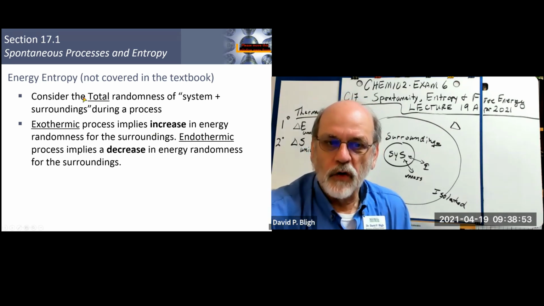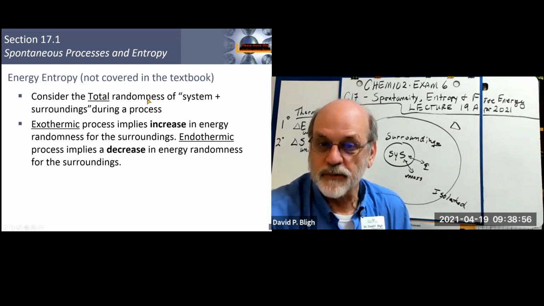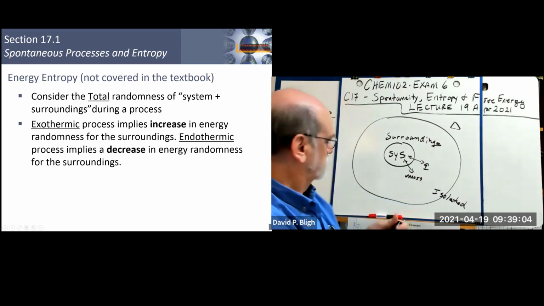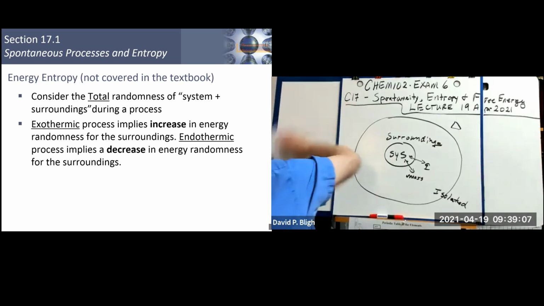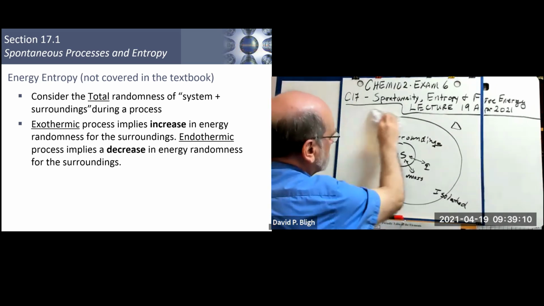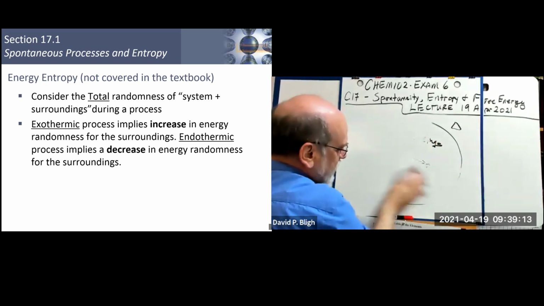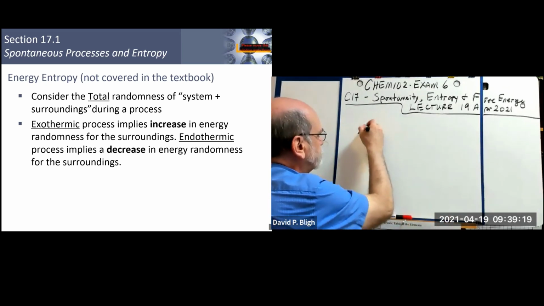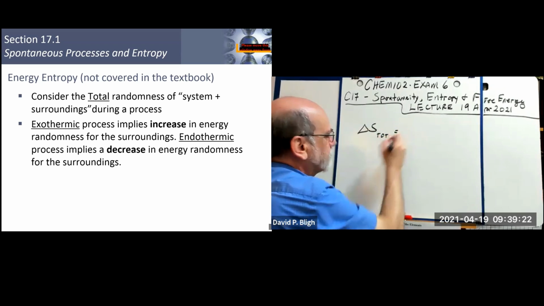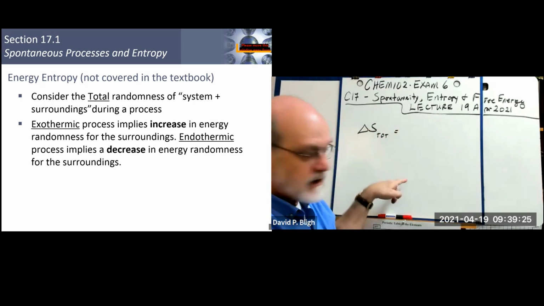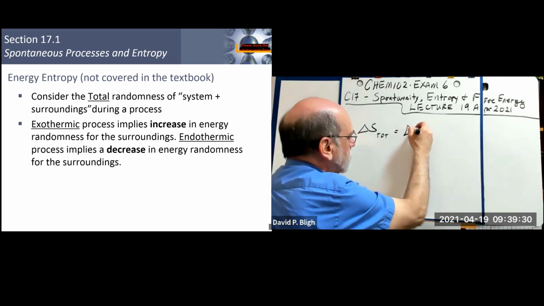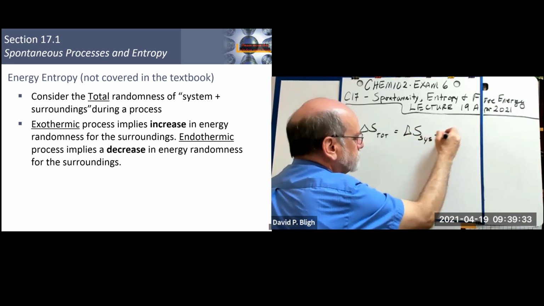So the total randomness of the system, or the total entropy, is a summation of the change in entropy of the system plus the change in entropy of the surroundings.